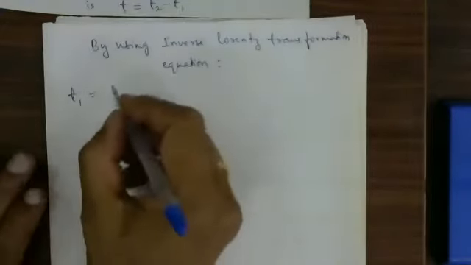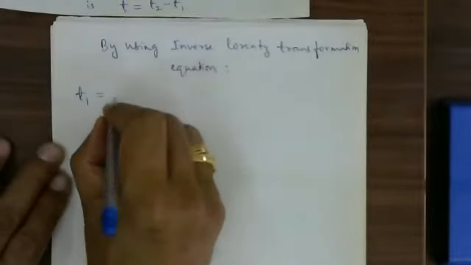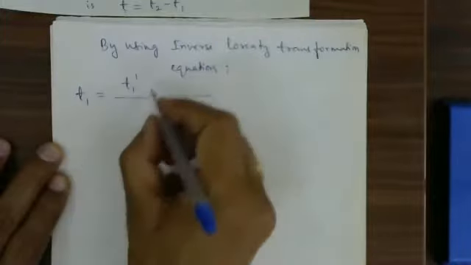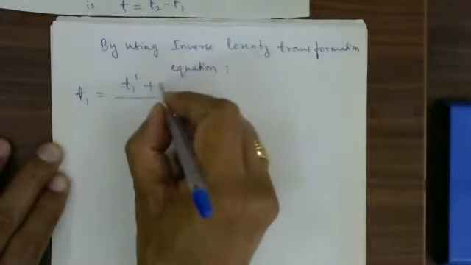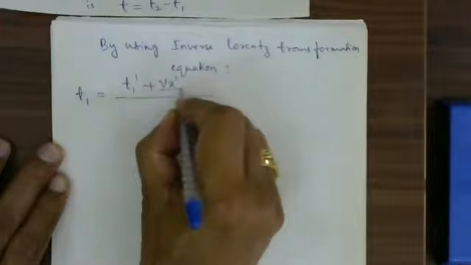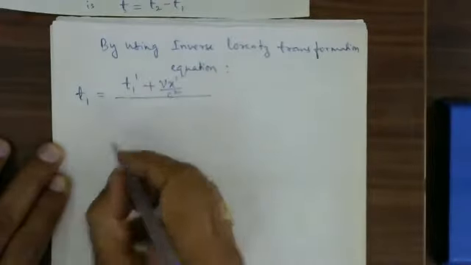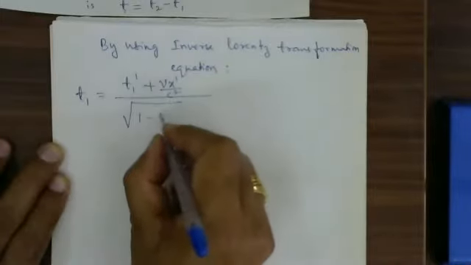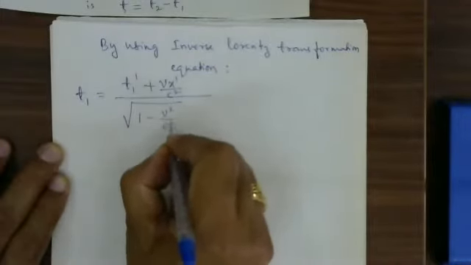So I will write this. Therefore, T1 is equal to T1 dash plus Vx dash divided by C square, whole divided by square root of 1 minus V square divided by C square.